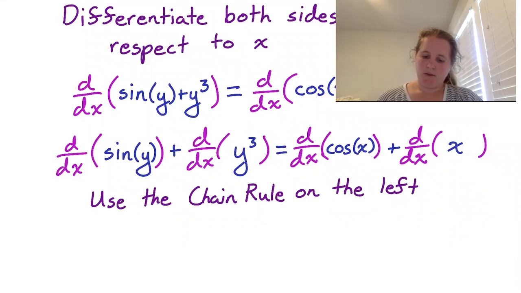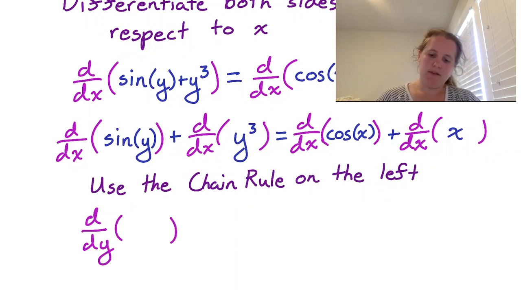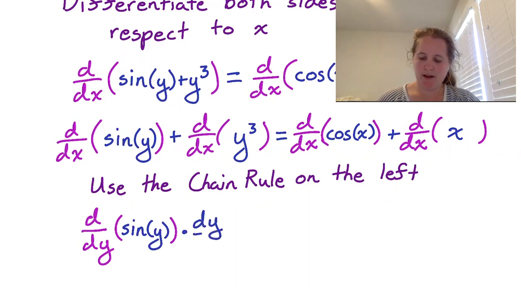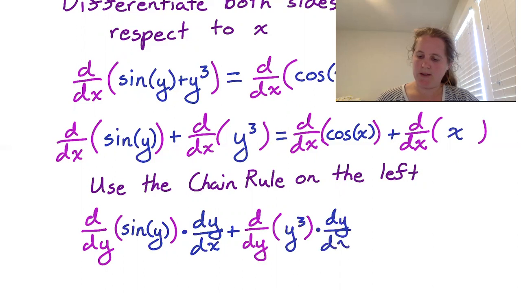On the left-hand side, the chain rule, we're going to turn this into taking the derivative with respect to y of sine of y, and then that becomes multiplying by the derivative of y with respect to x. Then to that we will add the derivative with respect to y of y cubed, multiplied by the derivative of y with respect to x.